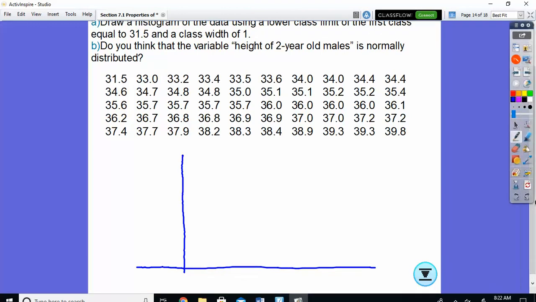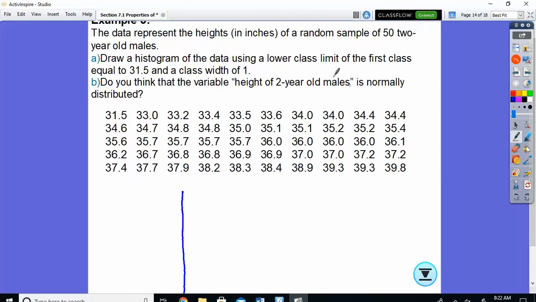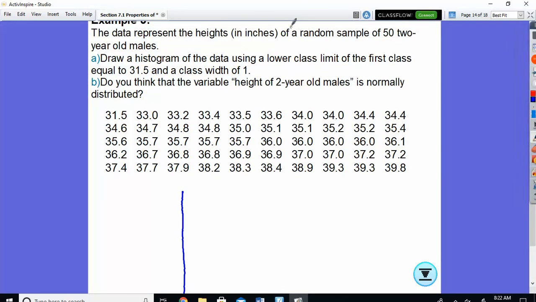But when we do this, I did give you some stipulations here. The first class is 31.5. And the class width is 1, so where does the next class start? 32.5. Okay.